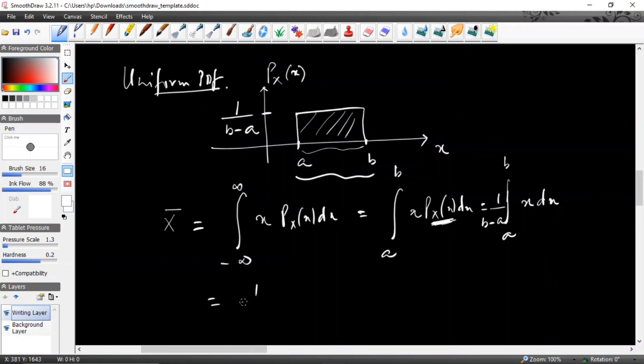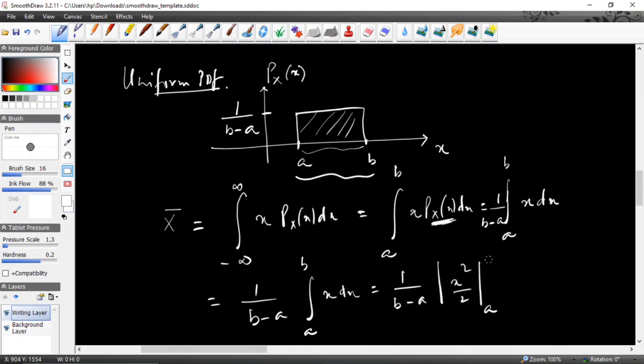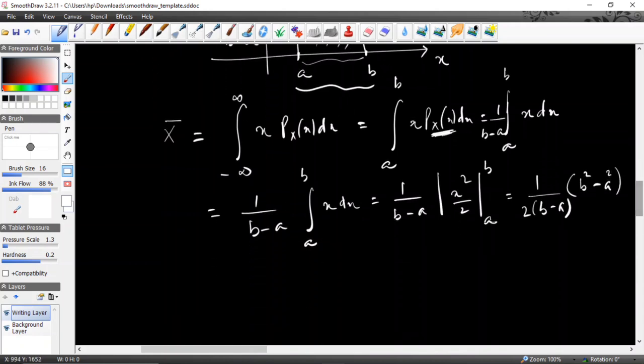This simply turns into 1 by b minus a, integral a to b of x dx, which is 1 over b minus a, and the integral of x is x squared by 2, with limits from a to b. So it becomes 1 by 2(b minus a) into (b square minus a square), and that will become (b minus a) into (b plus a), so b minus a gets cancelled, and you get (b plus a) by 2.